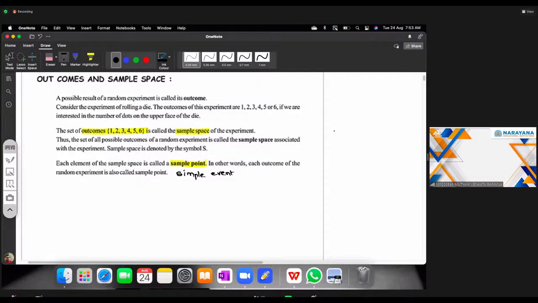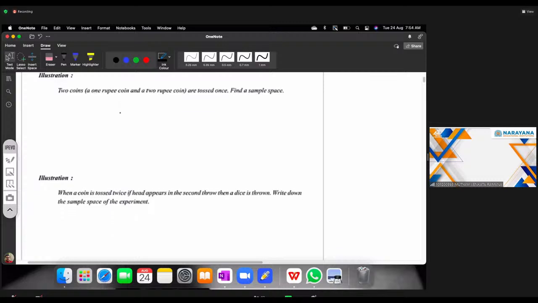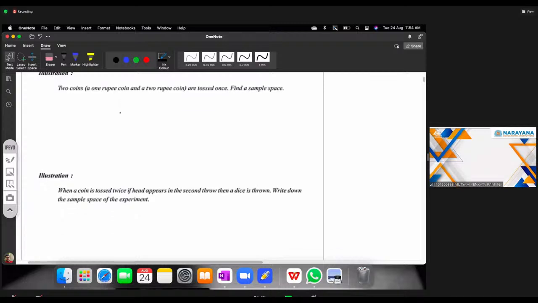Here, you need to write all possible outcomes. Now, two coins, a 1 rupee coin and a 2 rupee coin, are tossed.